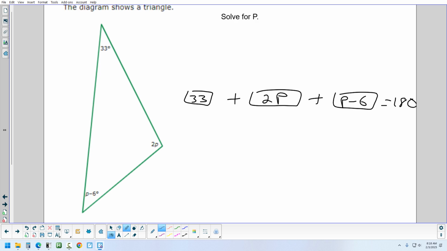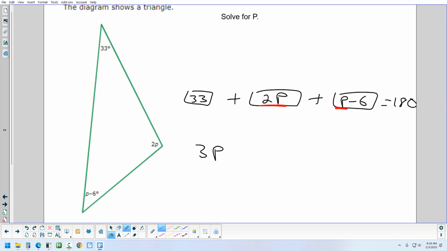Are there any like terms we can combine together there? Yep. We've got a 2p plus a 1p. What's 2p plus 1p? 3p. Yep.